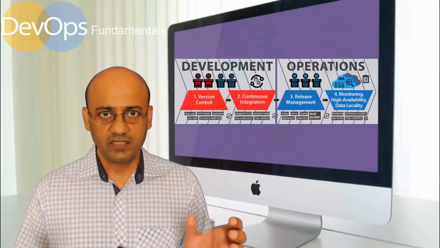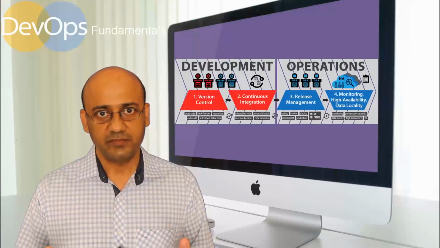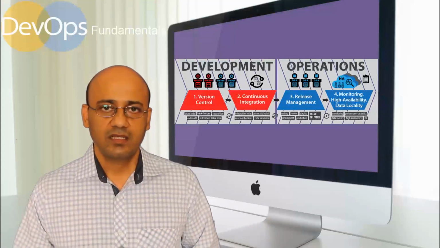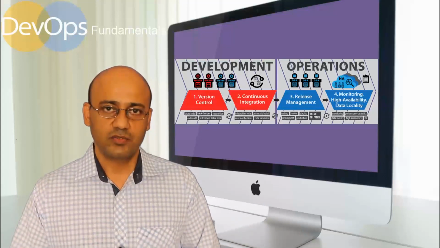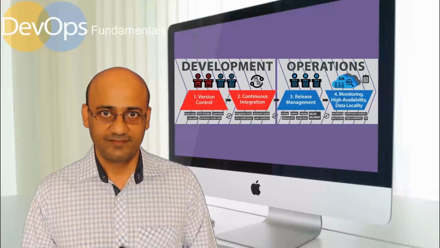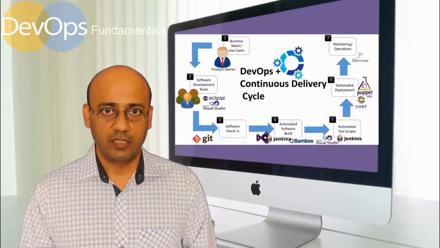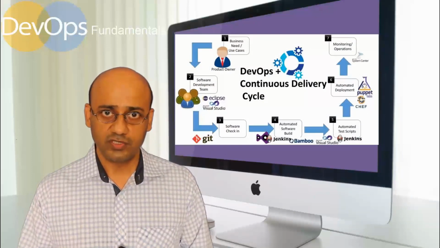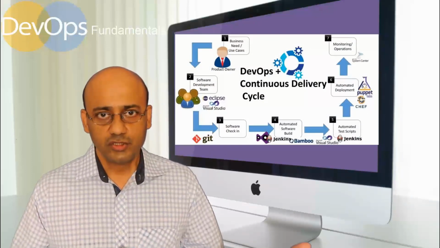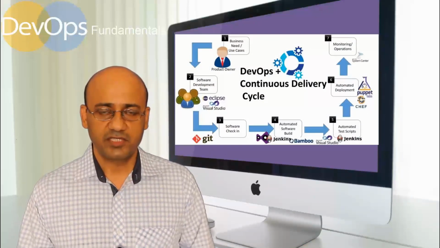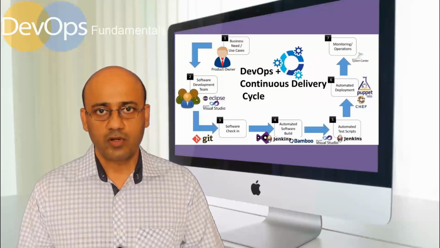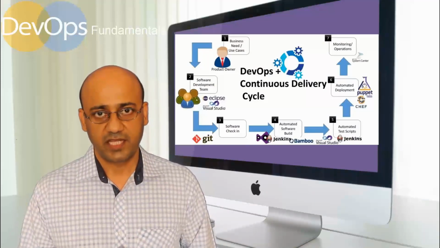Then we'll dive into the development and operations teams and how DevOps combines those teams together. Subsequently, I'll highlight an important element of DevOps, which is using the tools, because you need tools to combine all these environments, and each of these tools works at different phases of the development lifecycle.